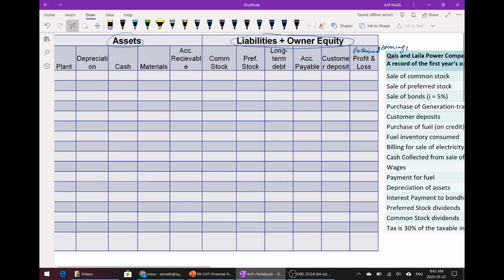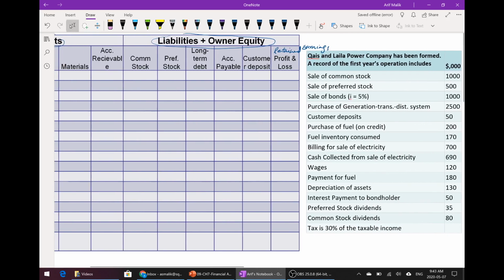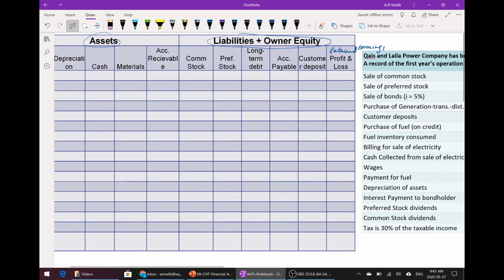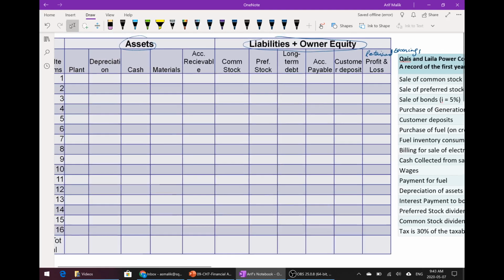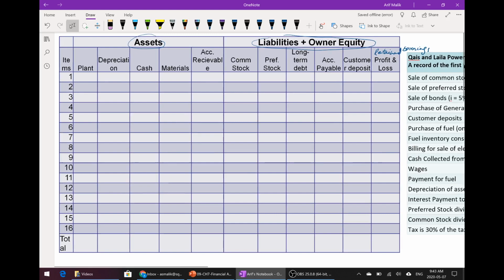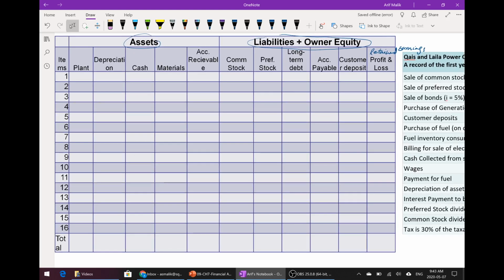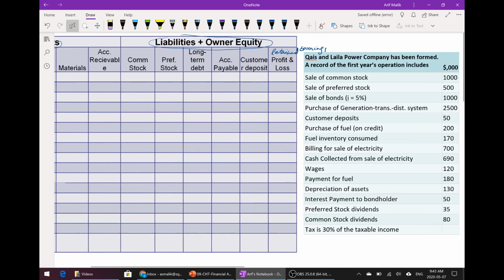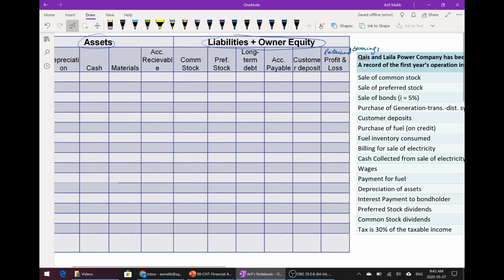So let's see. First is the sale of common stock, which is $1,000. Now remember that we said the balance sheet follows double entry bookkeeping. So when any transaction occurs, we have to see that there is a double entry, and we keep the balance sheet balanced. So first is the sale of common stock, which is $1,000.